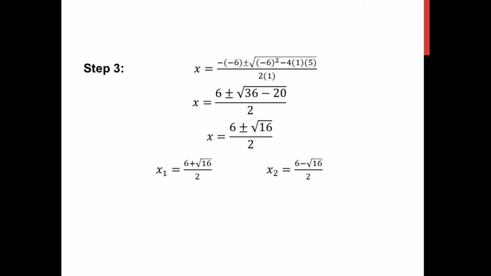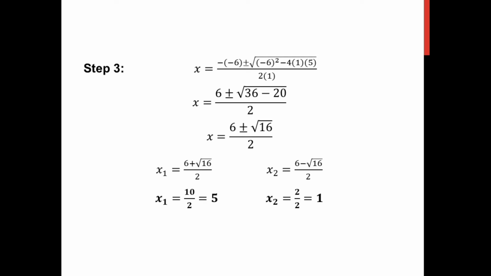And let's separate this expression. So our x sub 1 is equal to 6 plus the square root of 16 all over 2, and our x sub 2 is equal to 6 minus the square root of 16 over 2. For our x sub 1, the square root of 16 is equal to 4.